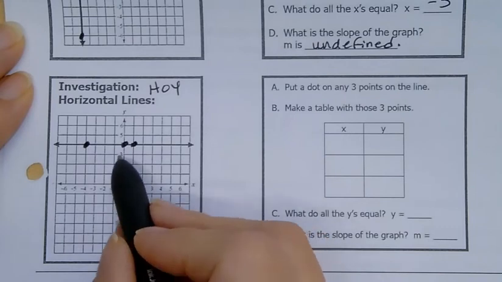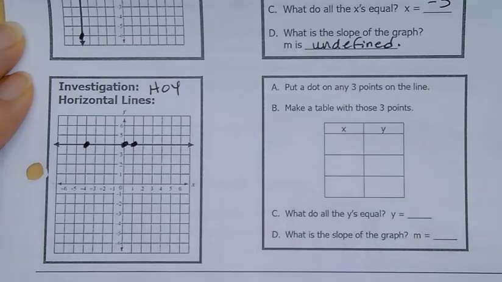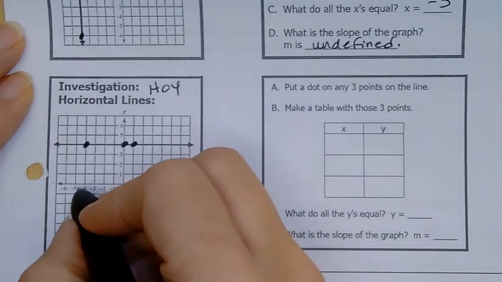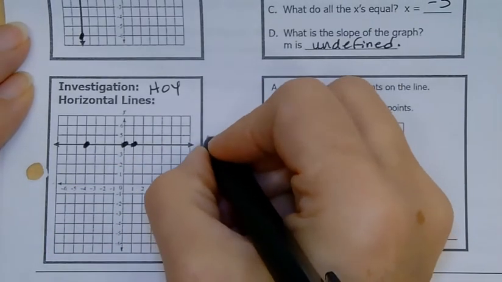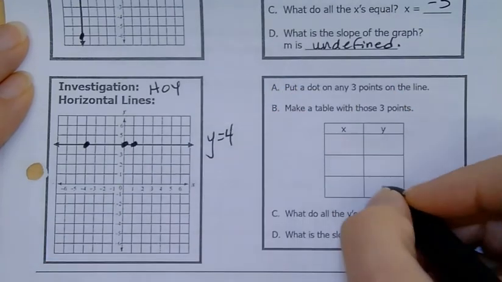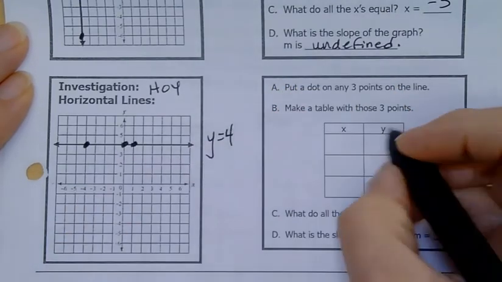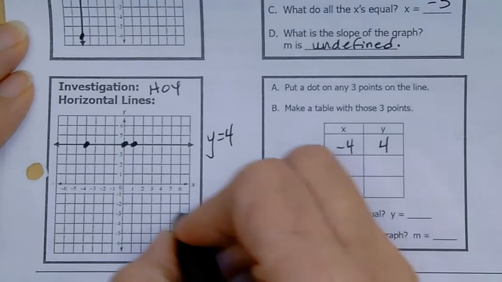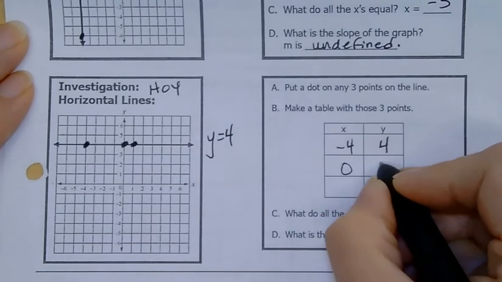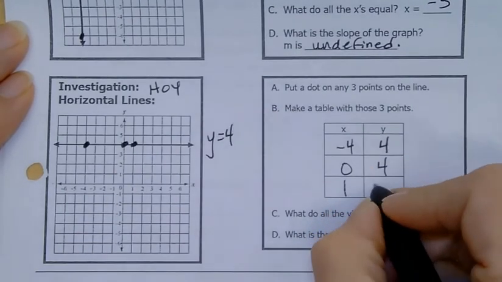This one is at 0, 4. This one's at 1, 4. I noticed that for all of those ordered pairs, the y value is 4. I noticed that just by looking. But I'm going to put these ordered pairs over here: negative 4, 4, and then 0, 4, and I chose 1, 4.